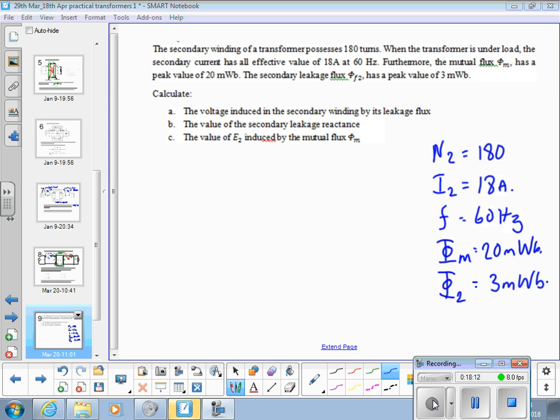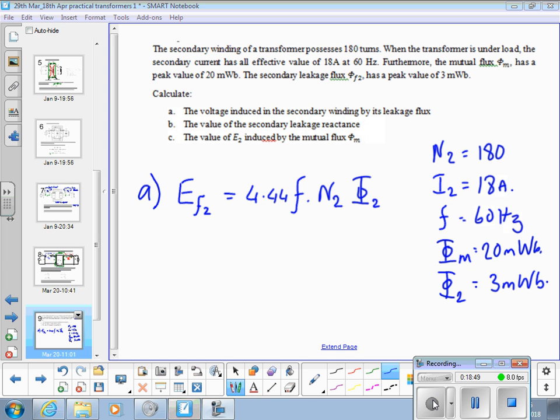So what we need is this formula for the voltage of leakage flux, leakage flux in the secondary, and that's E_f2 equals 4.44 f N2 flux 2. It's the one you want for that.